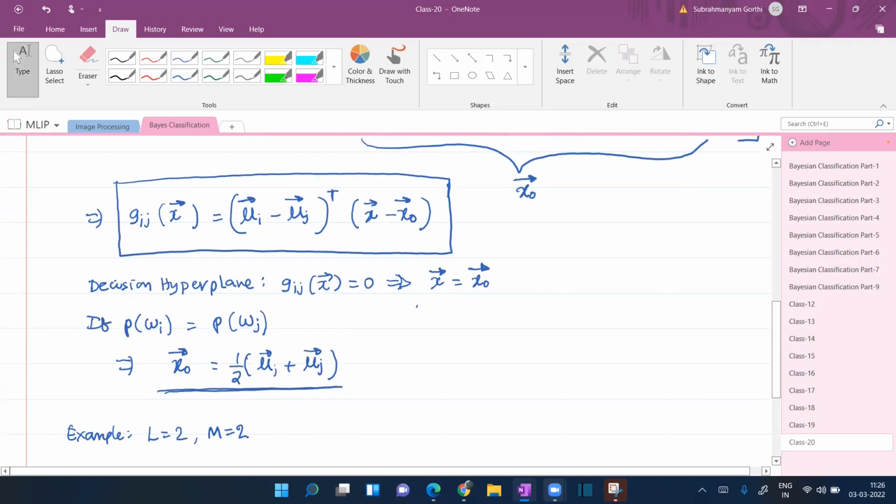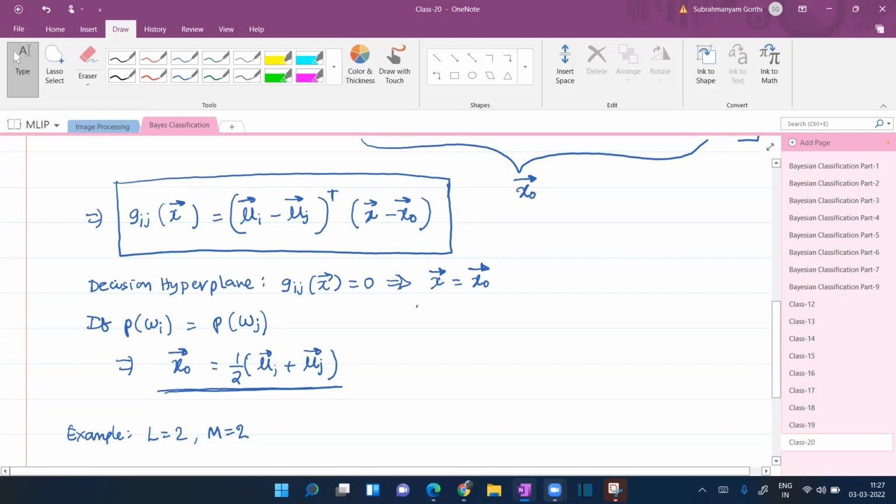before I further proceed, can you give me the relationship between mu i bar minus mu j bar vector and x bar minus x naught vector? Pay attention carefully. This is very important. These are two vectors, right?